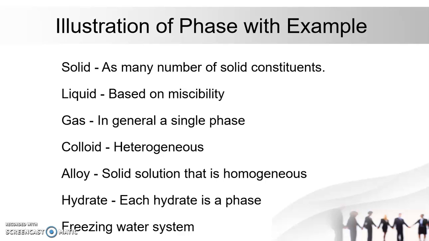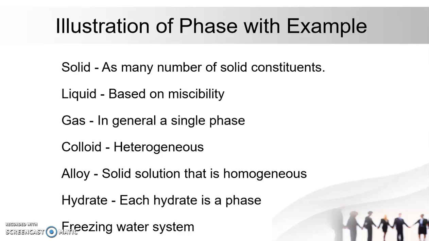So, calcium oxide is a homogeneous system and calcium carbonate is another homogeneous system. When these are combined, I mean mixed and taken in a beaker, it comprises a heterogeneous system. So this is a heterogeneous system consisting of two solids, calcium oxide and calcium carbonate.